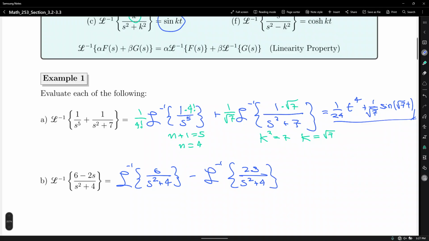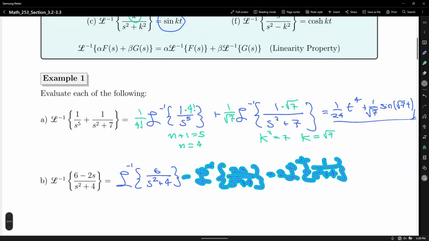In this case, we're going to use two formulas in one shot. Actually, let me take the coefficients, the 6 and the 2, outside. So this is 2 times the inverse transform of 1 over s squared plus 4. And can we make some space in here? Okay.